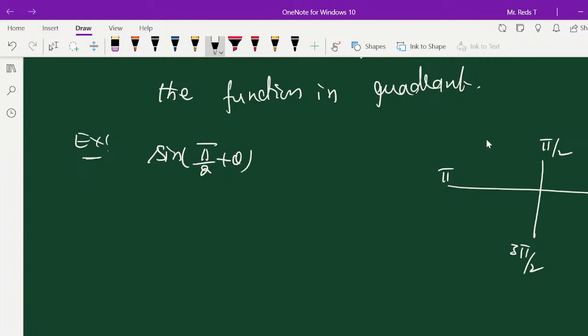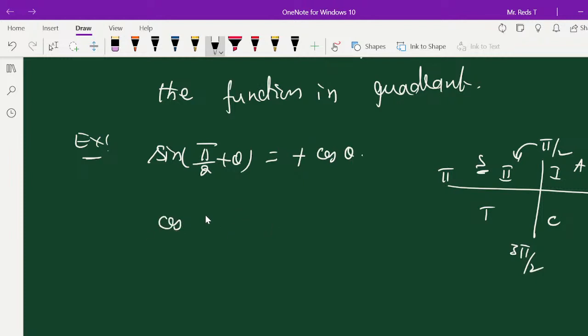This is the first quadrant, this is the second quadrant. So pi by 2 plus theta comes in the second quadrant according to the ASTC rule. Here sine and its reciprocal cosecant are positive, so put plus. The function changes to its co-function. The co-function of sine is cos, so cos theta. You have to remember this point carefully.